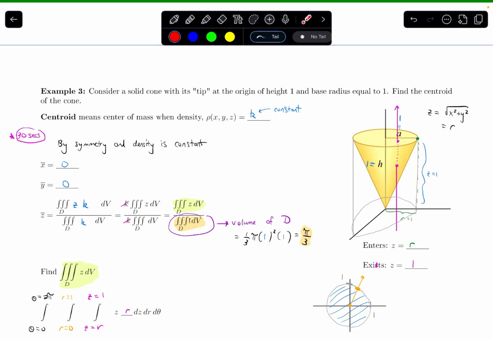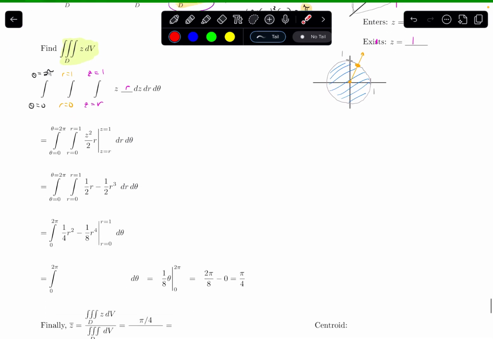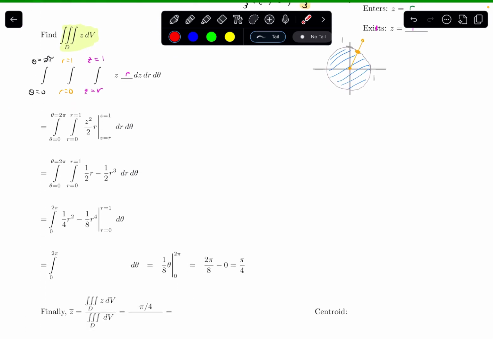Okay, so I've gone ahead and written out some of the steps already to speed up the process. I have dz on the inside, so I treat z as the variable and r as a constant. The antiderivative would be z squared over 2 times r. I plug in 1 for z and then r for z. If I plug in 1, I get 1/2 r. If I plug in r, I'll get 1/2 r cubed.